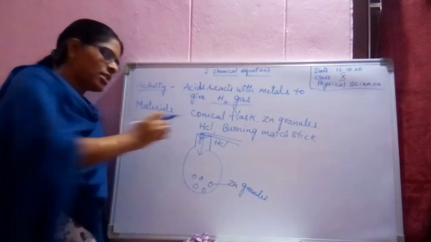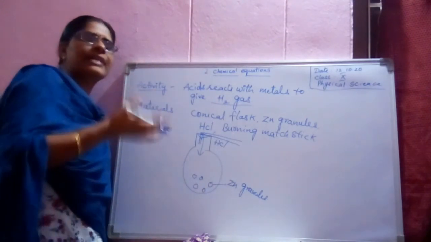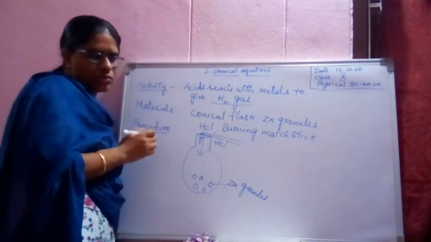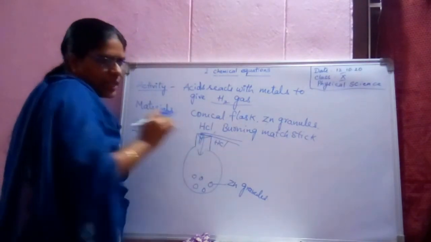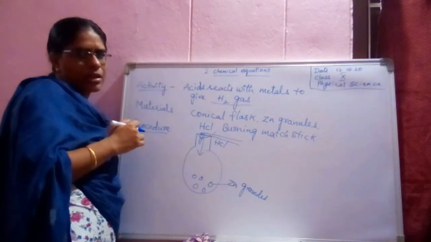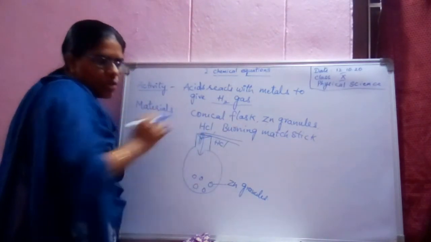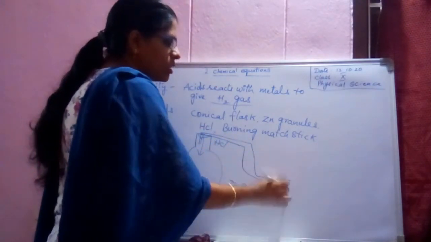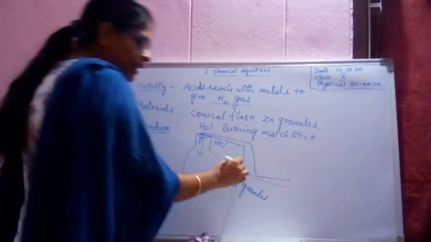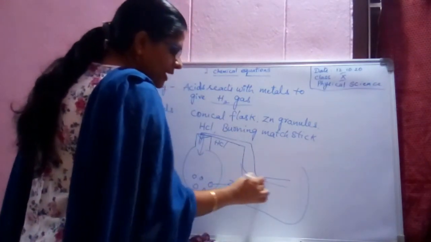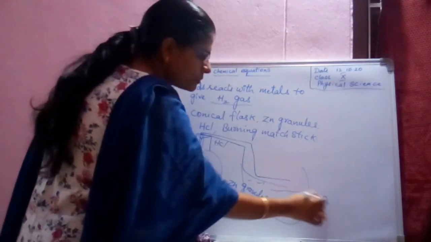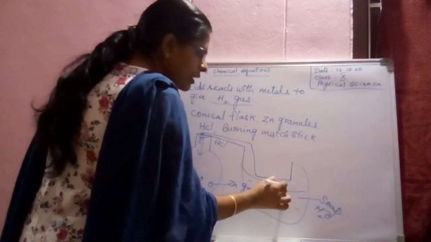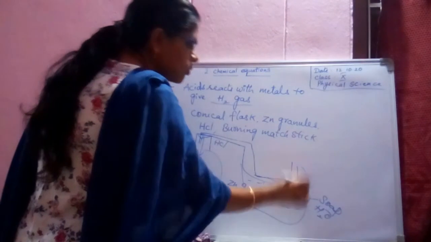If we don't close the mouth, they can easily escape into the air. Hence, I have closed the mouth of the flask with a single holed rubber cork. Through this single hole, I am passing my delivery tube. The other end of the delivery tube, you place it in soap water.